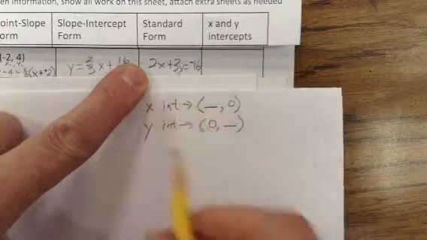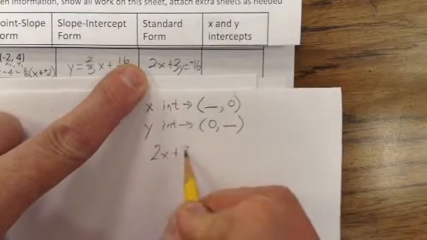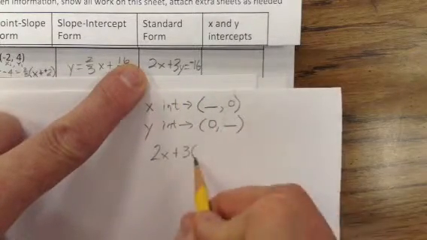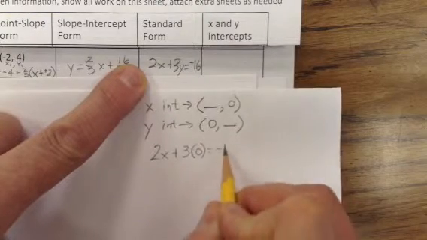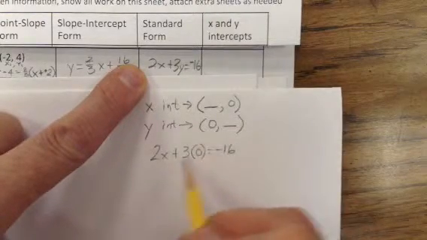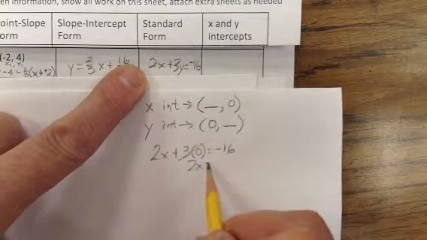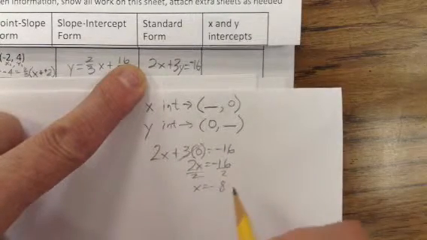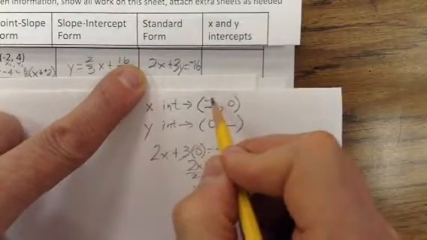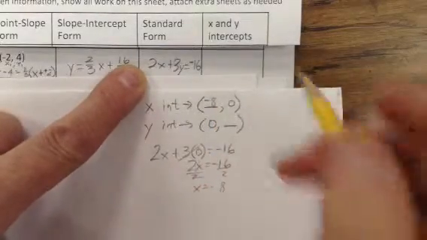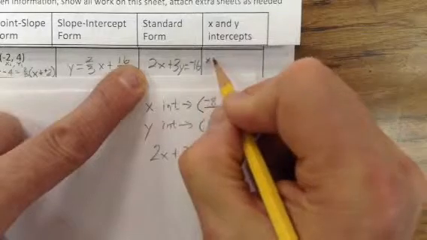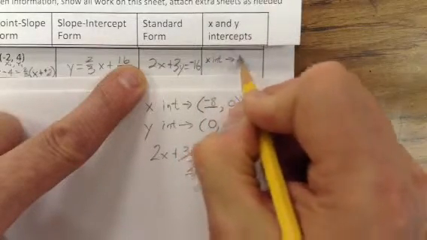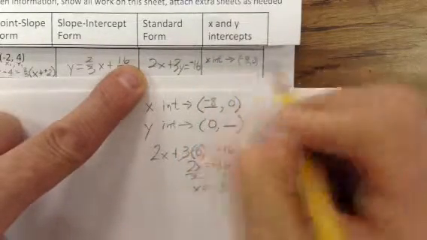So taking this equation right here, I have 2x plus 3, and I want my y to be equal to 0, is equal to negative 16. Well, this is just totally equal to 0, so I'm left with 2x is equal to negative 16. Divide by 2, x is negative 8. So my x-intercept is going to be negative 8, 0.